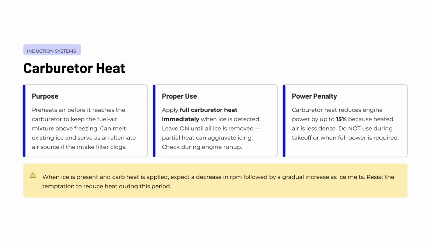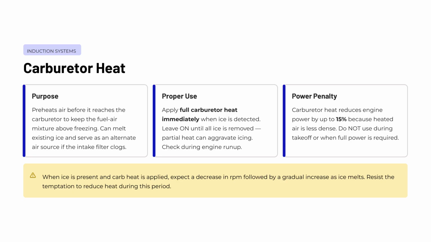It can also melt ice that has already formed, and serves as an alternate air source if the main intake filter becomes blocked. When you suspect icing, apply full carburetor heat immediately. This is important. Partial heat can actually make the situation worse by warming the air just enough to increase moisture without fully melting the ice. Leave carb heat on until you're confident all ice has cleared.